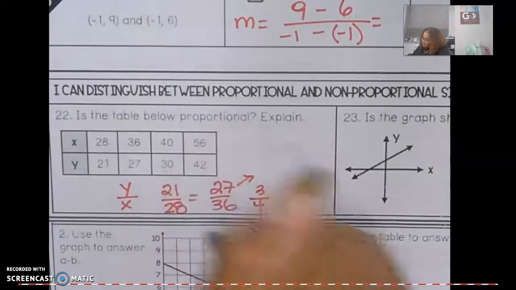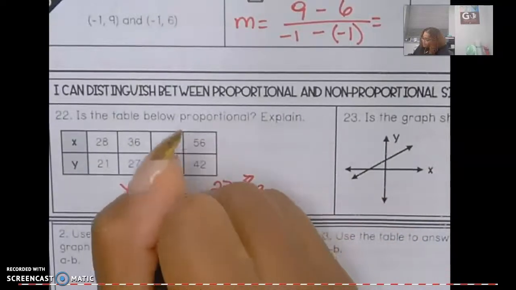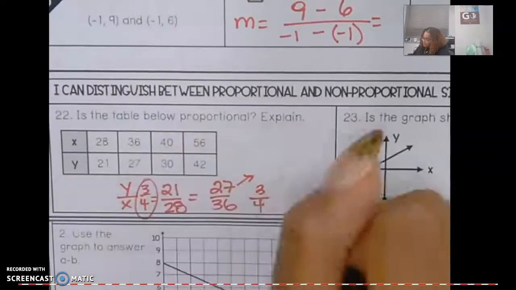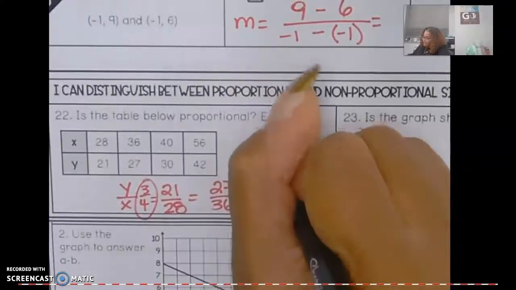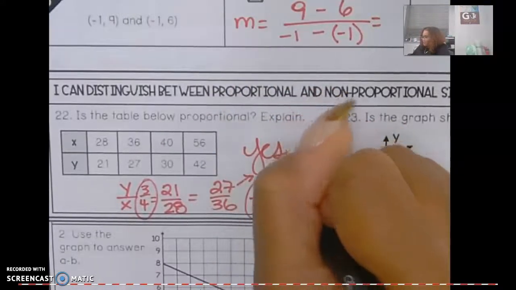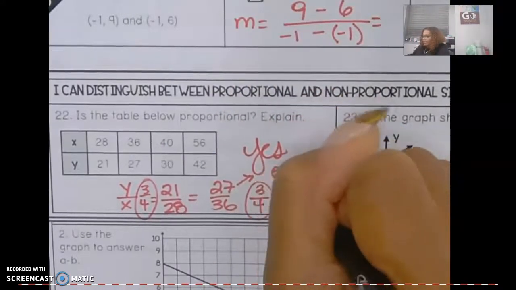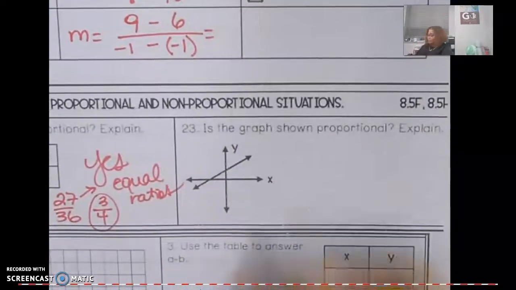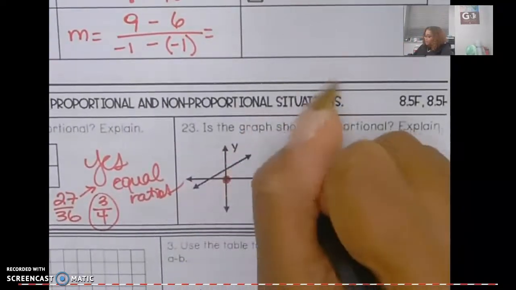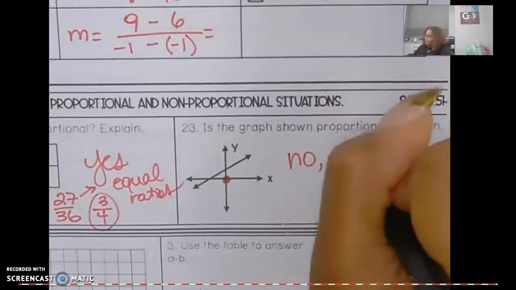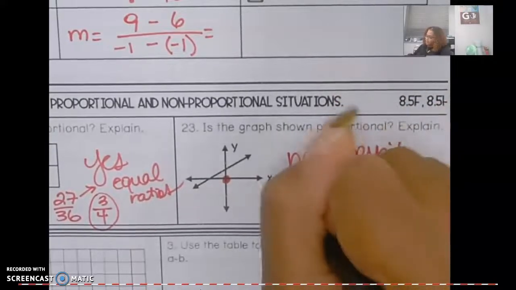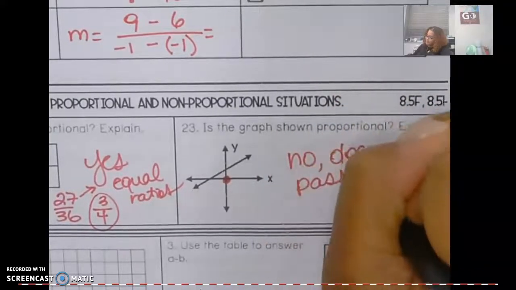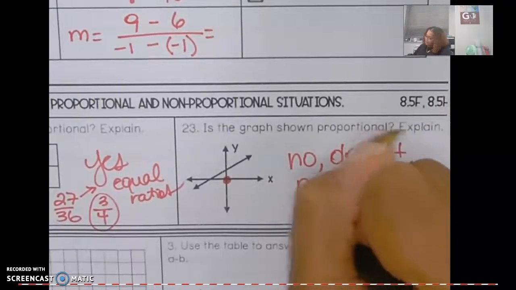And this is both divisible by 7, so this is 3/4. Looks like it is. Yes, because the ratios are equal. Over here, is this proportional? Does it go through the origin? No. It doesn't pass through the origin.